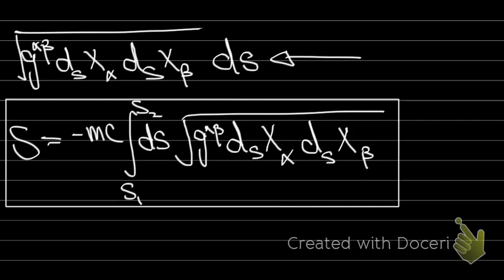Here the 4-vector coordinate of the particle is your x alpha as a function of s, and this s is the parameter which increases monotonically with time, or proper time to be precise. Okay, now note that the action integral is along the world line of the particle.